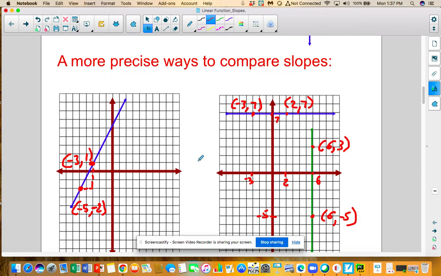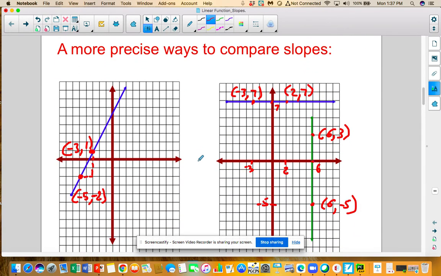A more precise way to compare slope is to know the value. Now, if you are fortunate and they give you the graph and you have a way to measure the vertical change and the horizontal change, you can find the slope that way. Let's assume you are moving from this point right here to this point right here.